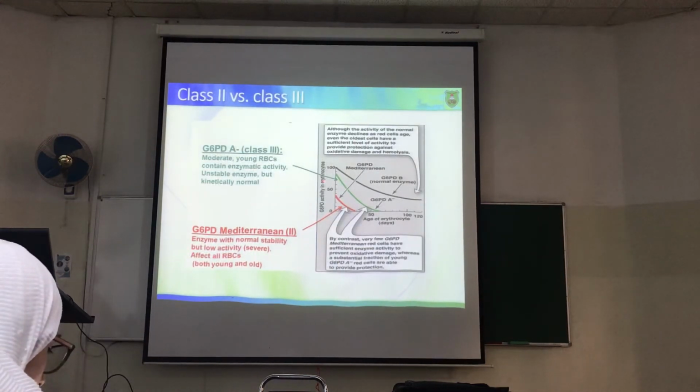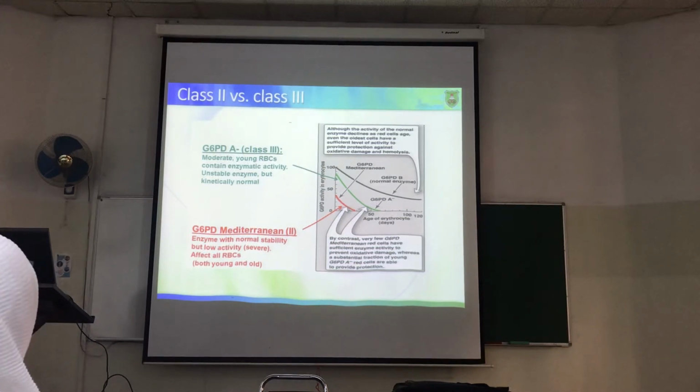You have the G6PD-A minus. The enzyme is not stable, but the enzyme that exists does have some activity, which is enough to keep a person with mild clinical symptoms. But with G6PD Mediterranean, the activity is really affected.